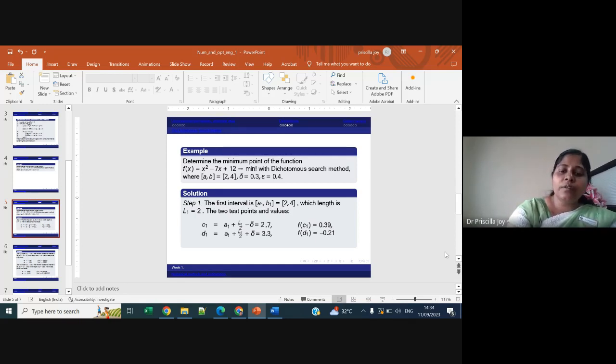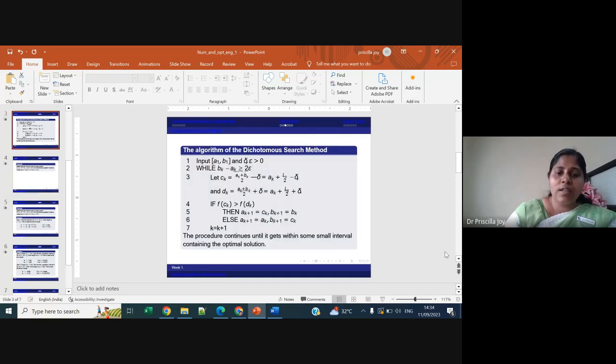So accordingly, we need to find it and we need to check whether the function of C1 value is less than or equal to D1, or else it is greater. So if it is greater, we need to give the values like AK plus 1 equal to CK, and BK plus 1 equal to BK.